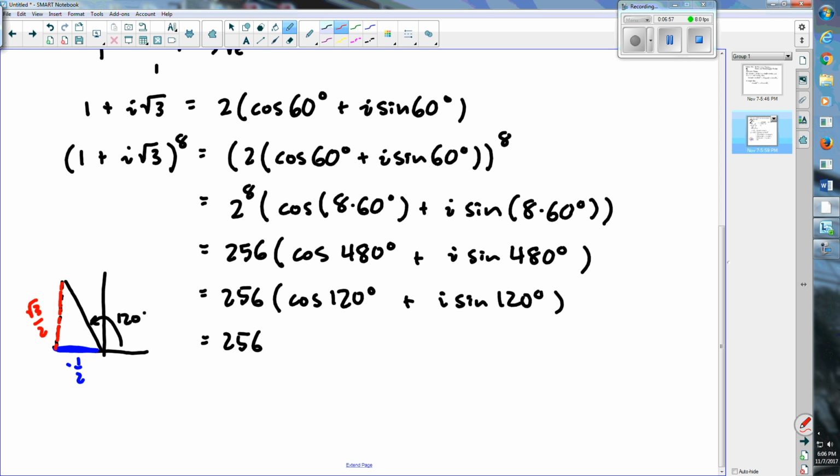And we can now finish this question. Instead of writing cosine of 120, we're going to write negative 1/2, plus i times the sine of 120, which is √3 over 2. And doing one other piece of simplification, if we multiply the 256 into both terms inside the parentheses, we will get negative 128 plus 128 i √3.